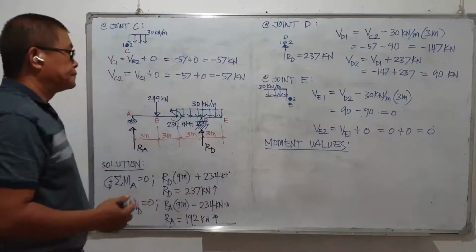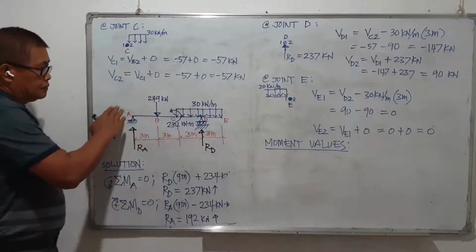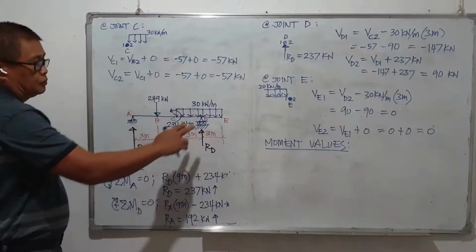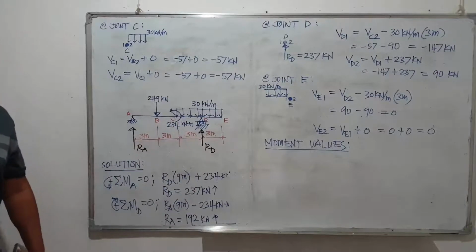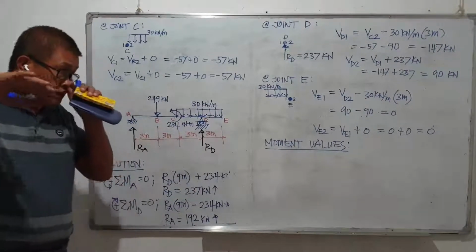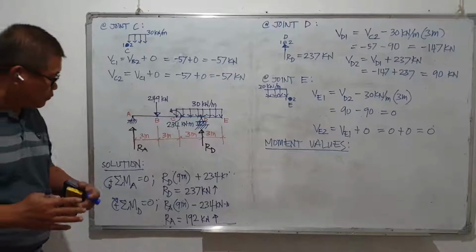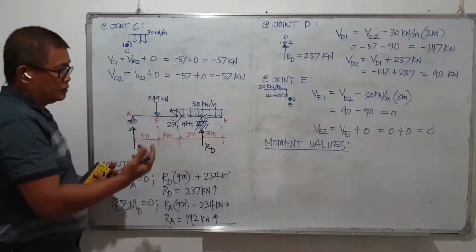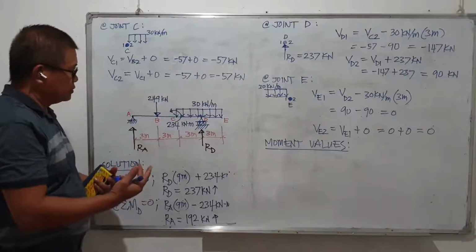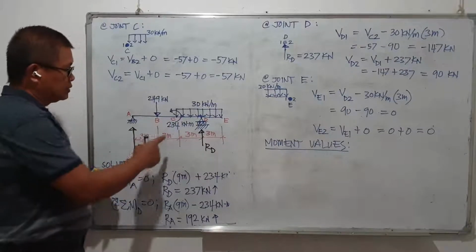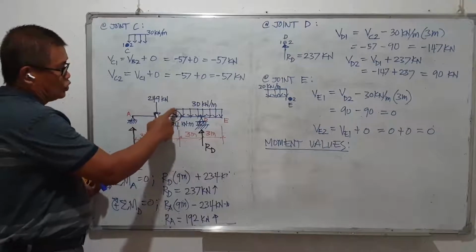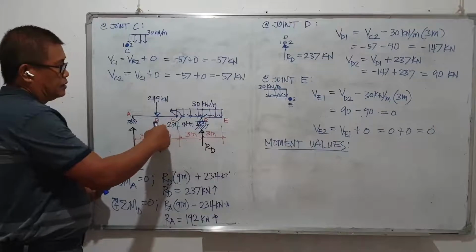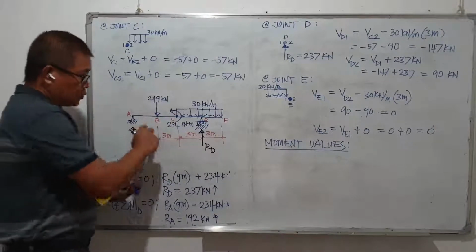For moment, oftentimes when the loadings are just concentrated loads and uniformly distributed loads, or even uniformly varying loads, at every change in loading we just have one value. There's only one value, no? But in cases where there is an applied couple or an applied moment, we will have two values, which we will see here.